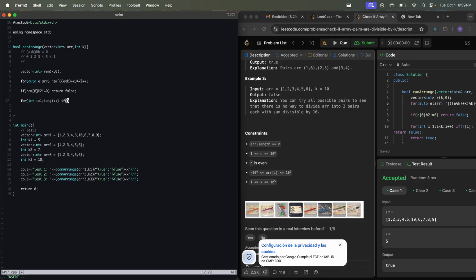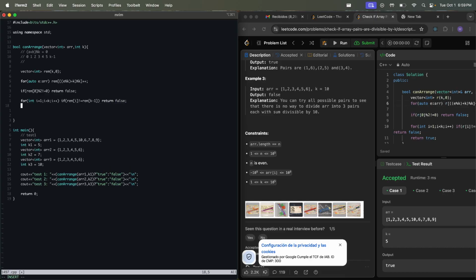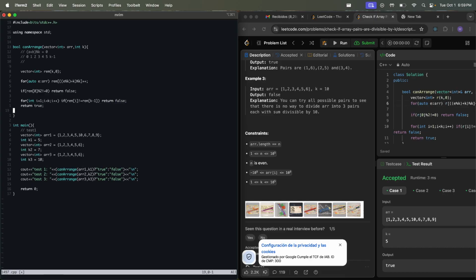But if not, that means that we cannot form these pairs. And if none of these conditions are met, then we already know that we can build these pairs.